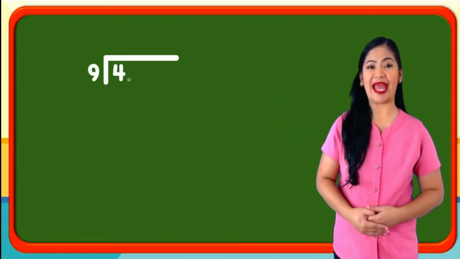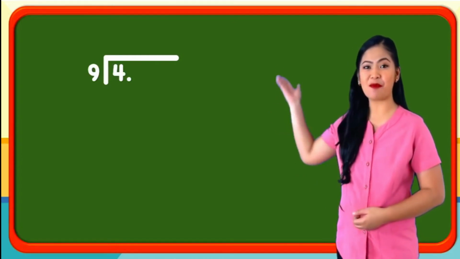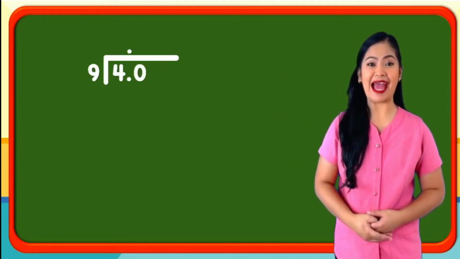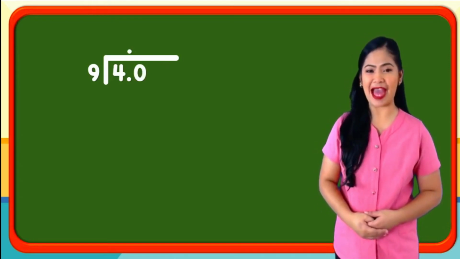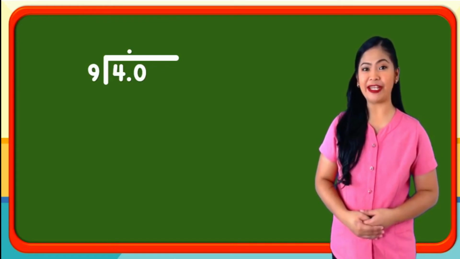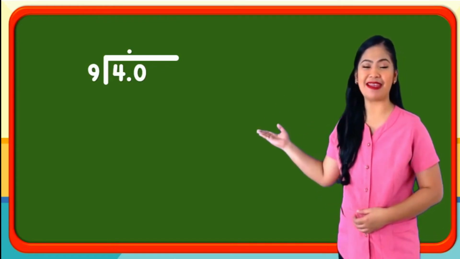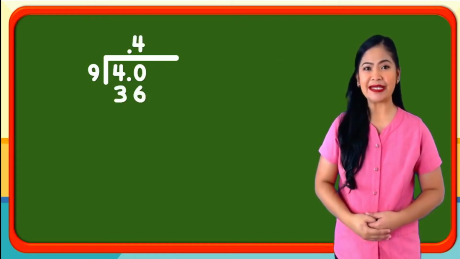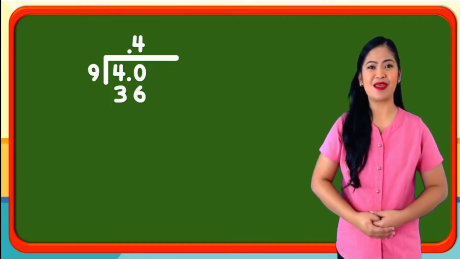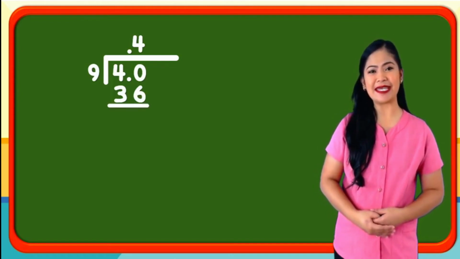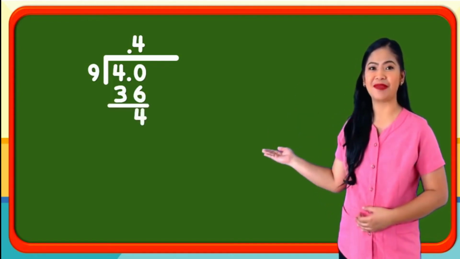Put a decimal point after 4 and right above it to preserve its original value, then annex or write 0 after the decimal point. So now we have 40. 40 divided by 9 is 4. 4 times 9 is 36. 40 minus 36 is 4.